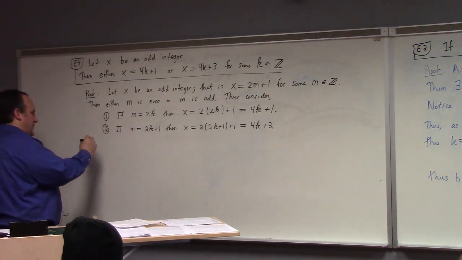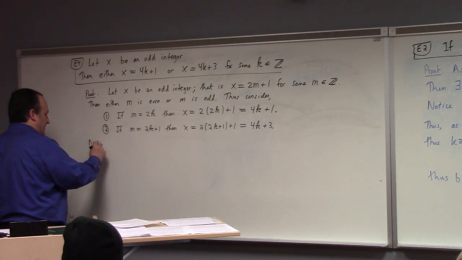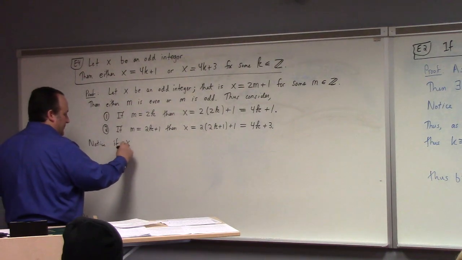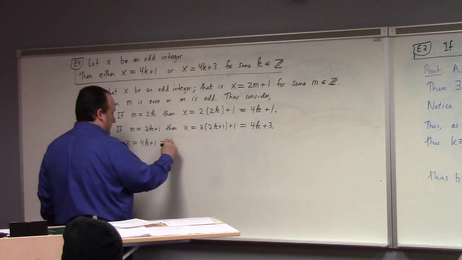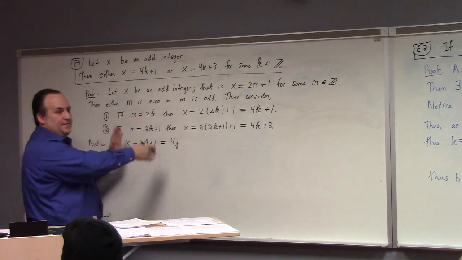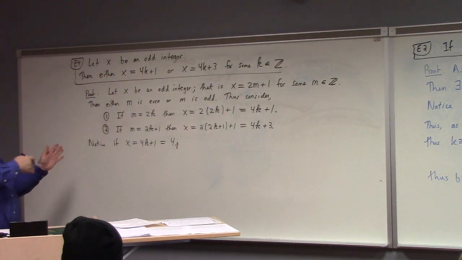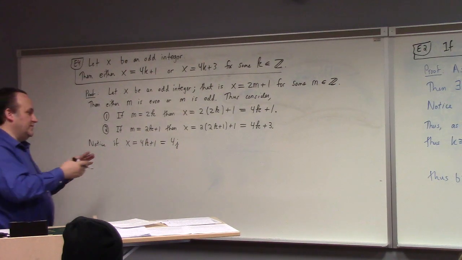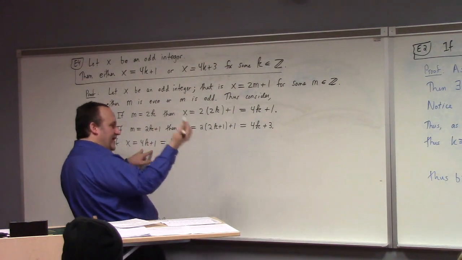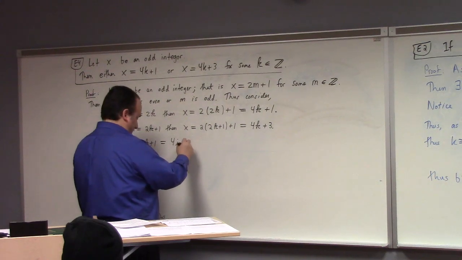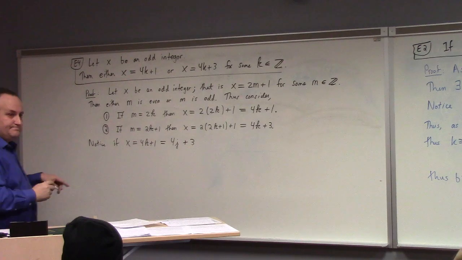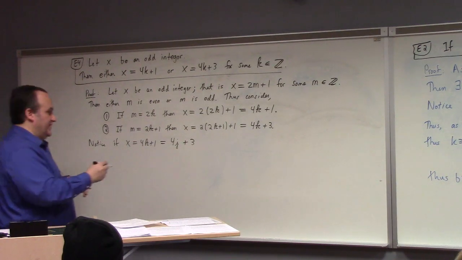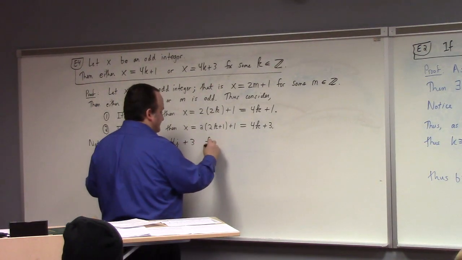But notice, if x was equal to 4k plus 1, and it was equal to 4j plus 3, I shouldn't assume that it's the same integer in both cases, right? Suppose there was a k such that it was 4k plus 1, and there was a j such that it was 4j plus 3, for some k and j.